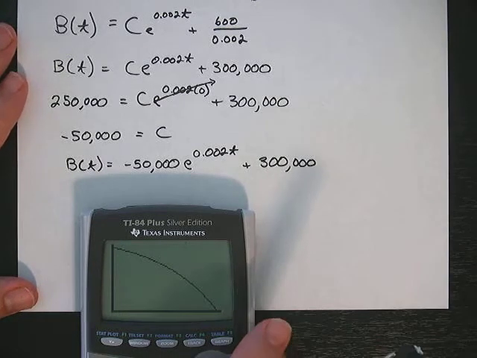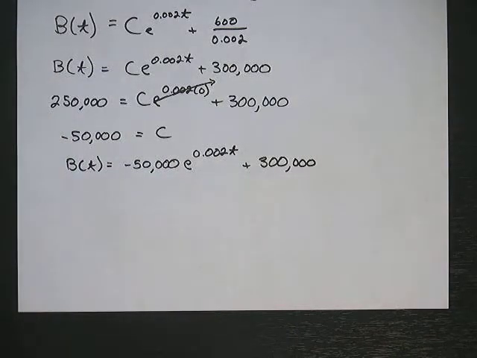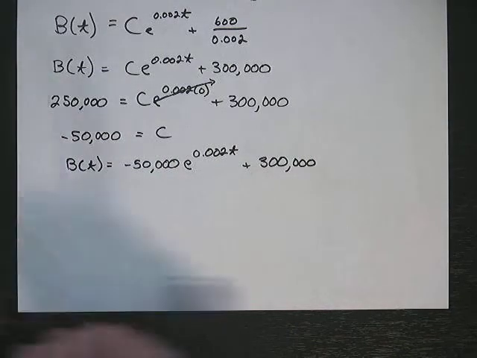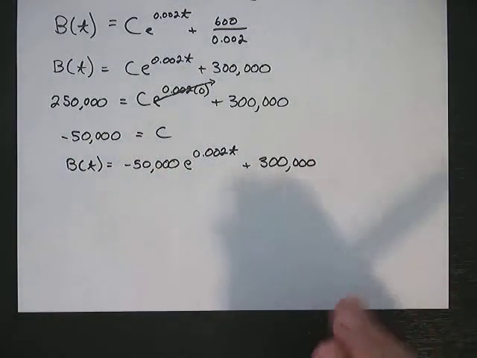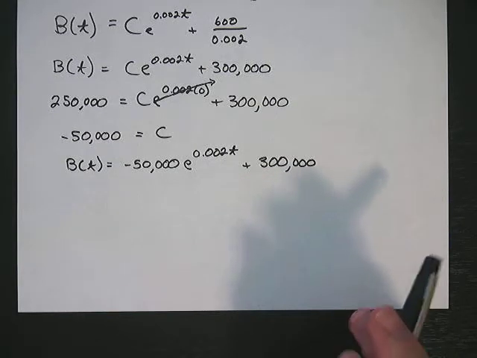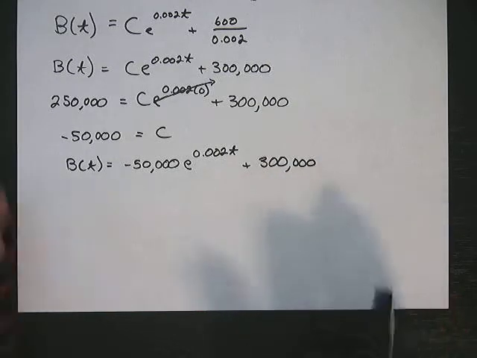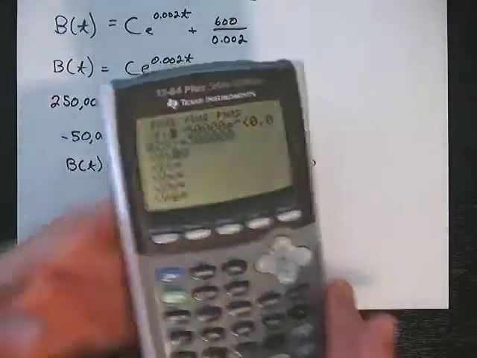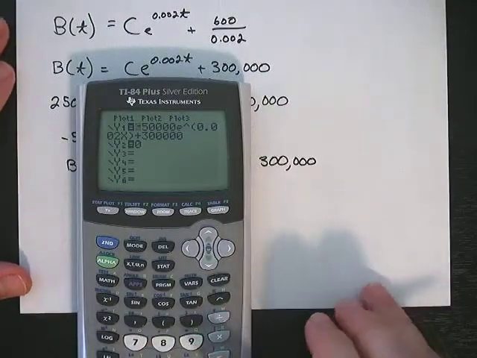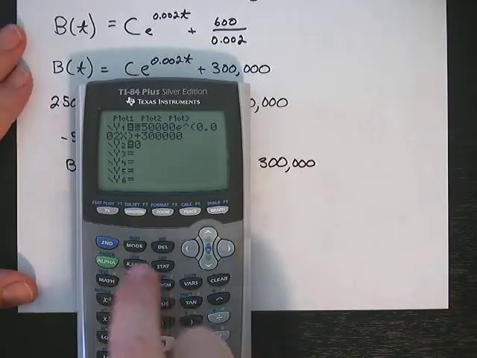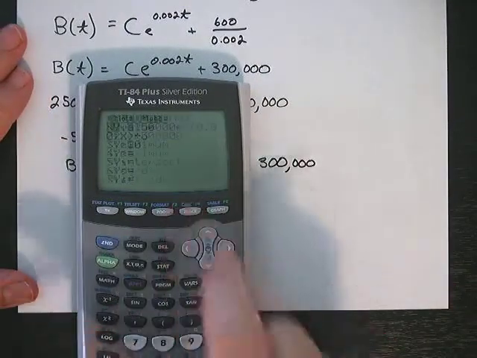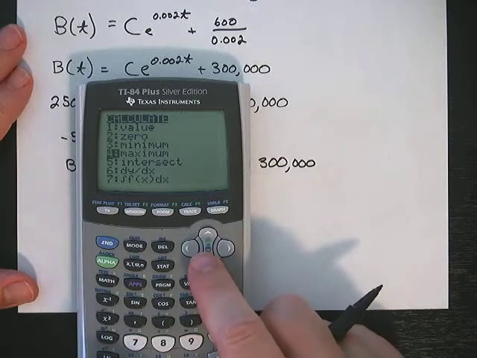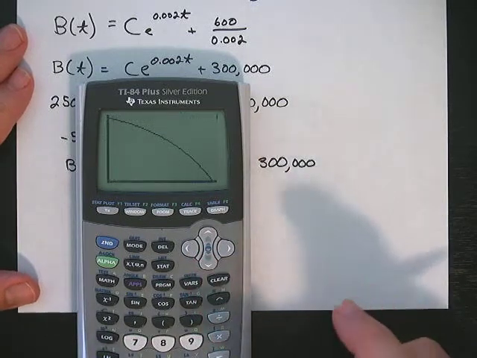Now, we have two different ways of finding where this is equal to 0, because it said find when the loan balance is 0. We can set it equal to 0 and solve, which is relatively easy, or we could put it in the calculator and graphically find the solution. If you graphically find the solution, put 0 in y2, then second calc and go down to intersect and hit enter 3 times.